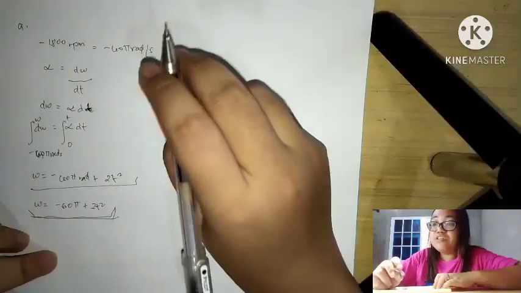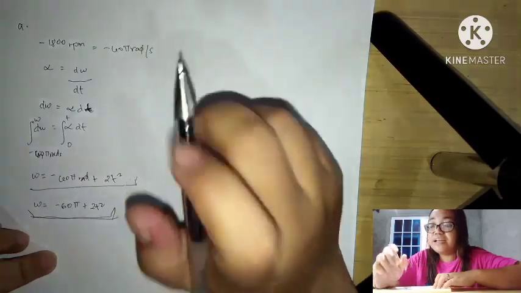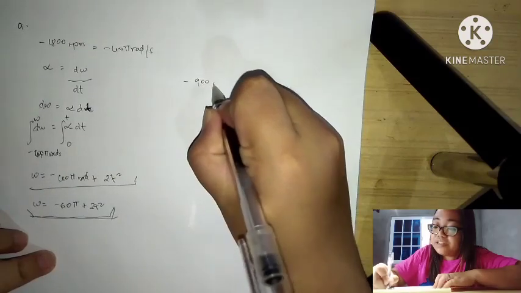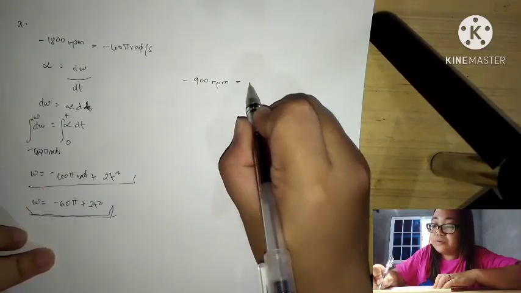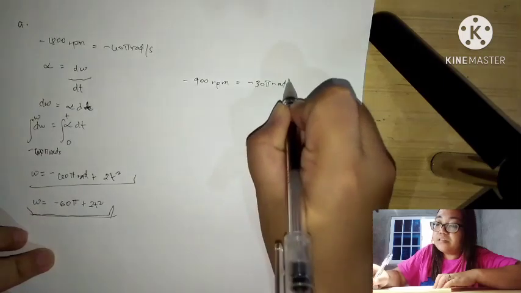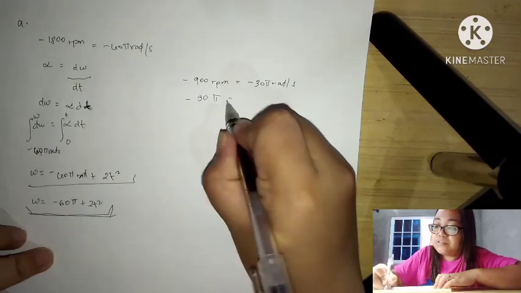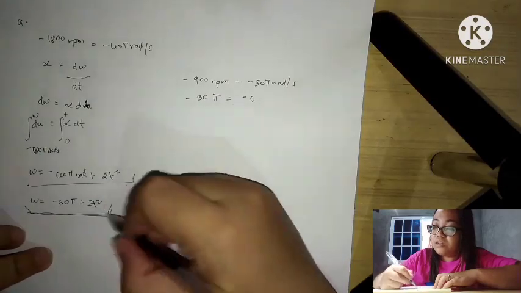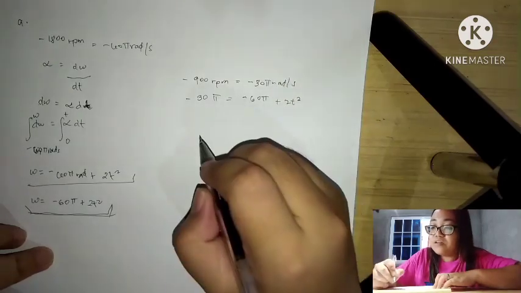So, negative 900 revolution per minute, i-change natin yan sa radians, equals negative 30 pi rad per second. Then, 30 pi is equal to negative 60 pi plus 2t squared, ginamit natin yung equation doon sa omega.